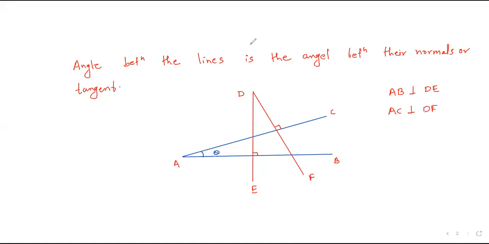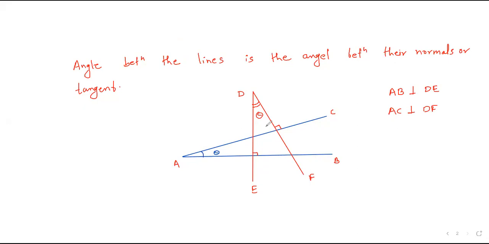You can clearly see that to the AB line, D is perpendicular, and to the AC line, DF is perpendicular. So if the angle between AC and AB is theta, then the angle between D and DF must also be theta. This is the theorem which says that the angle between the lines is the angle between their normals. Is it clear?